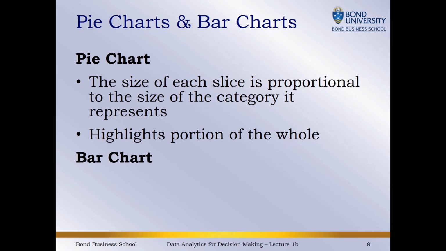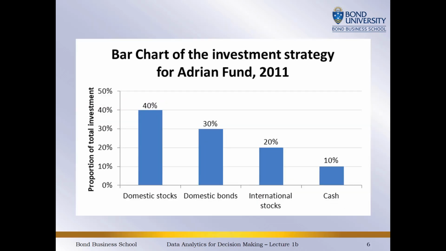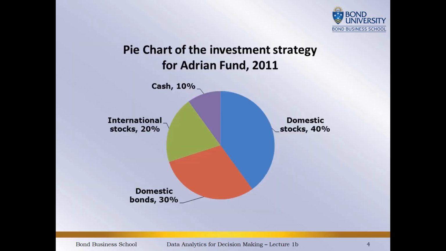Bar chart, it uses bars instead of slices, and it's a bit easier to compare categories to see which one is bigger. And I'm going to go back here just to highlight that to you. So let's just go back for a moment. Now have a look at this.